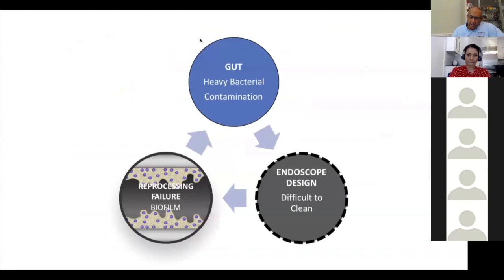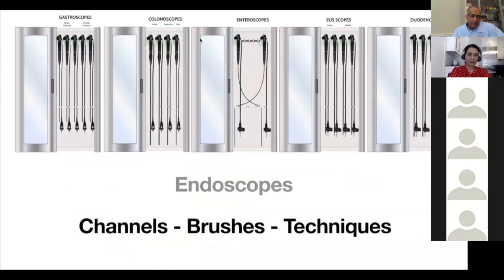So let's talk about endoscope design and why is it difficult to clean. So when you go into an endoscopy unit, you can see there are lots of different scopes of different lengths and different caliber, and then different special functions as you go to the ultrasound scopes and the duodenoscopes.